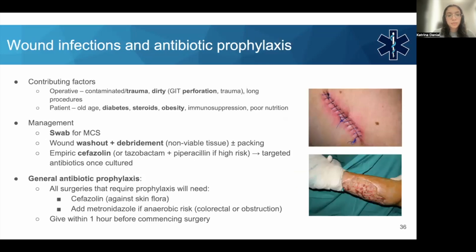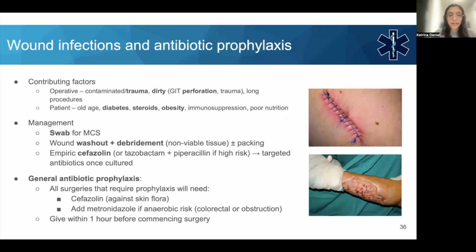Okay. And then in terms of your wound infections, so what factors put you at increased risk? If the wound was already contaminated, for example, it's an open fracture, if it's a trauma, if the wound involved a dirty area, so for example, if it was like a GI perforation and all the yucky stuff from the gut spilled out, or if it's a longer procedure, okay, so the wound is exposed to the air for a longer period of time.